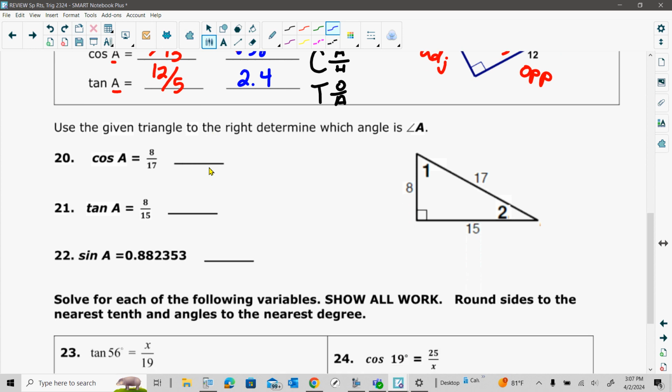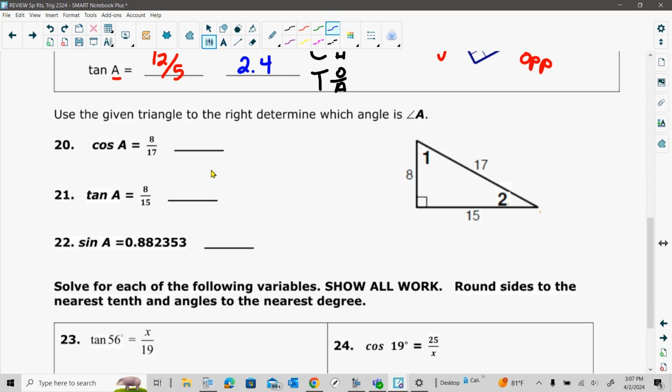Then here we're going to ask you to determine the angle. Which angle is A? When they say which angle is A, they're asking, is it angle 1 or is it angle 2 here? So if I know I'm looking at cosine of A is 8 over 17, that means I'm doing the adjacent over the hypotenuse. Well, we know 17 is always the hypotenuse because it's opposite the right angle right there. So I need to do adjacent.